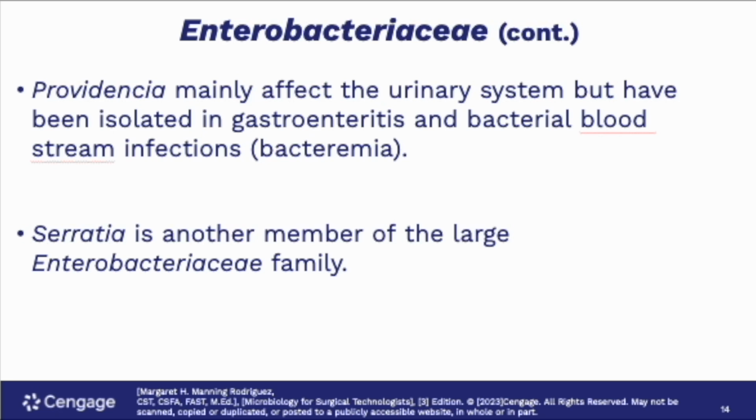It is an opportunistic gram-negative bacterium. It's known for producing a distinctive red-pink pigment and can cause pink-colored breast milk in cases of postpartum mastitis. Okay, now this pigment has immune suppressive and anti-tumor effects, adding complexity to infections in immune compromised patients.